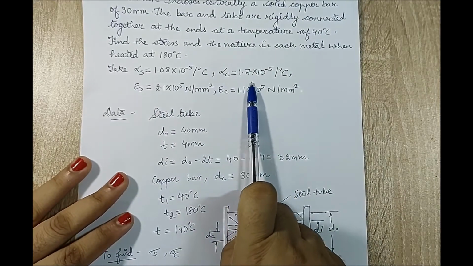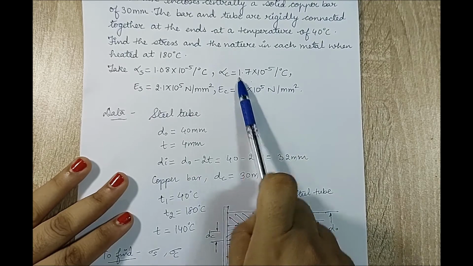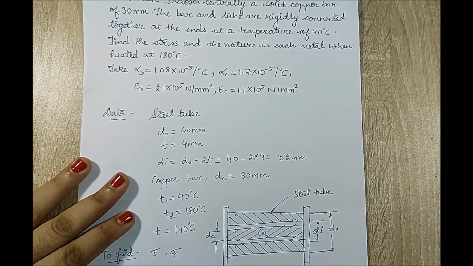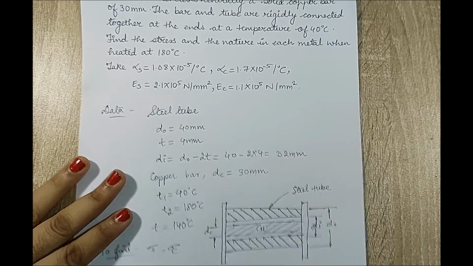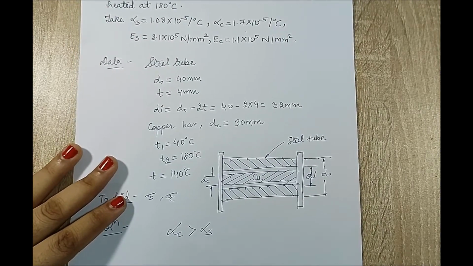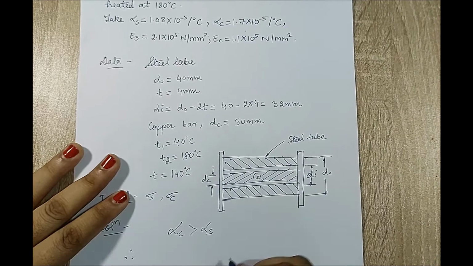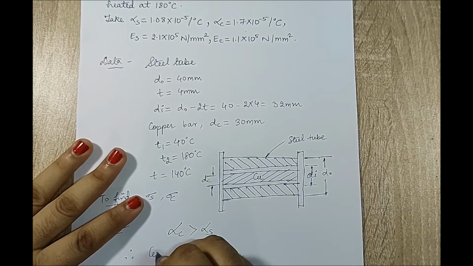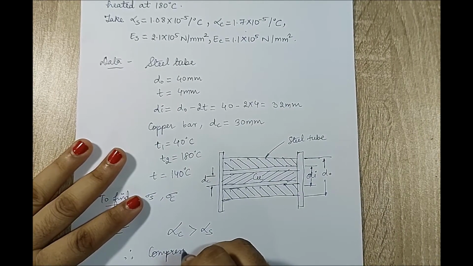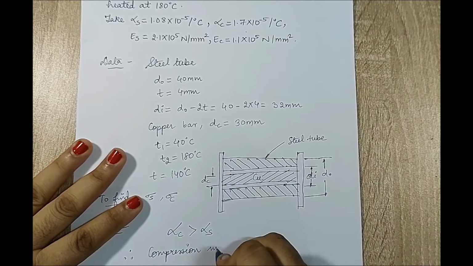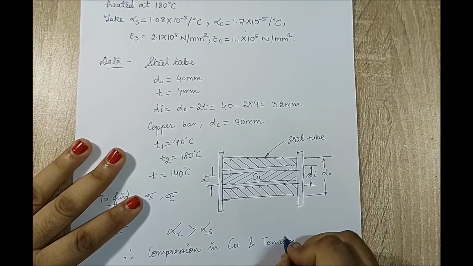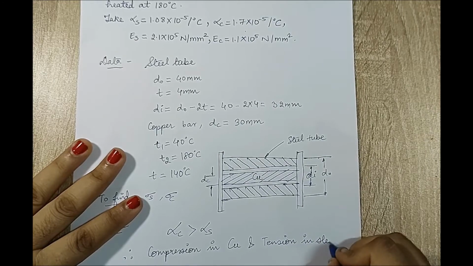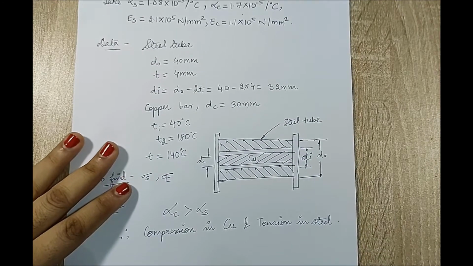If you observe carefully, the value of alpha for copper is greater than the value of alpha for steel. So I'll start with alpha C being greater than alpha S. Now since alpha C is greater than alpha S, therefore there will be compression in copper and tension in steel, if you recollect the derivation.